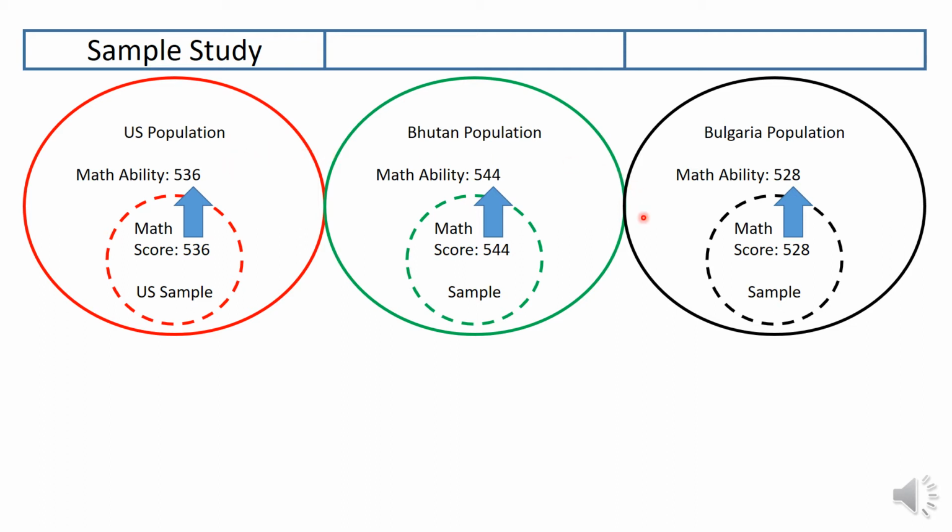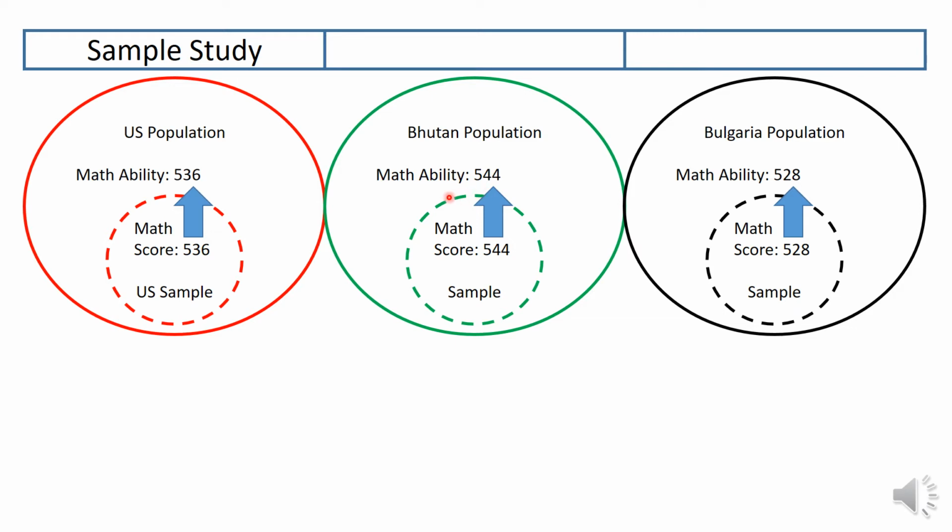Now, obviously, there's other things you need to take into account, like is a difference of 8 big enough to allow us to say with confidence that Bhutan truly does have an overall higher math ability when you look at their population as a whole.